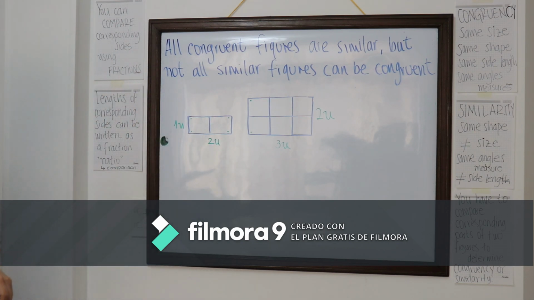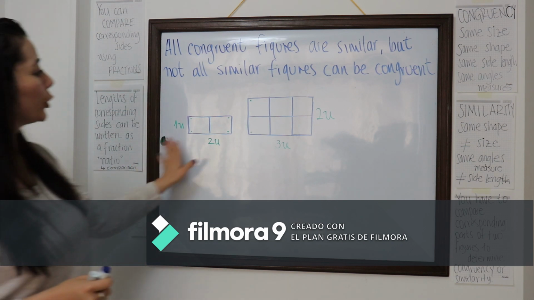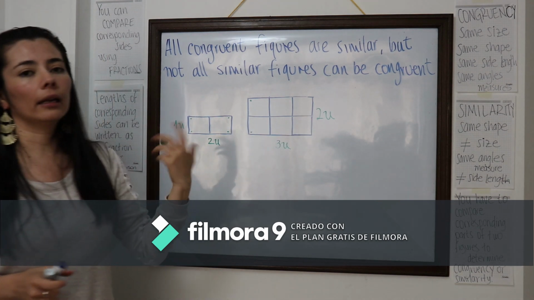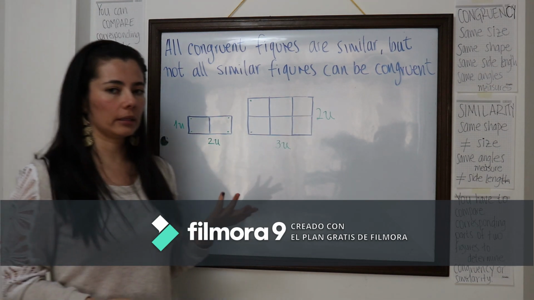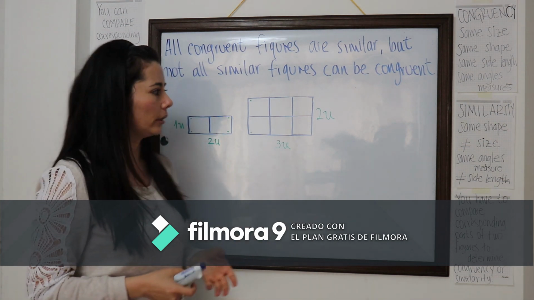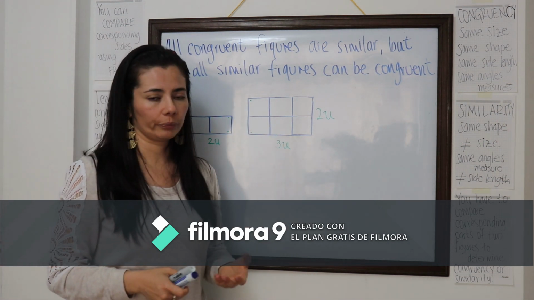The other thing we need to keep in mind is that if I want to compare corresponding sides, then I need to know what corresponding sides are, right? Or corresponding parts, actually, because we can have sides and angles too.